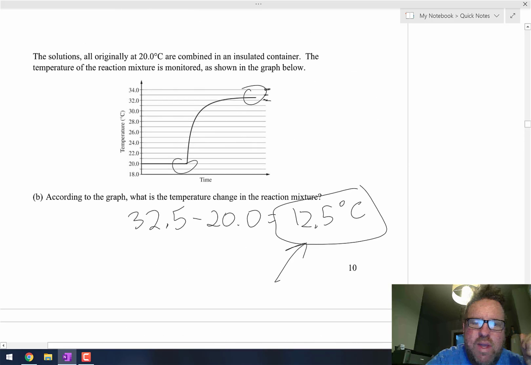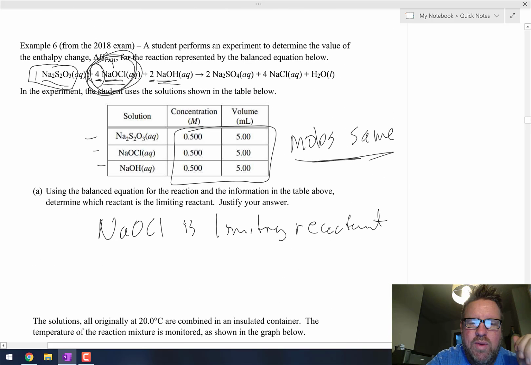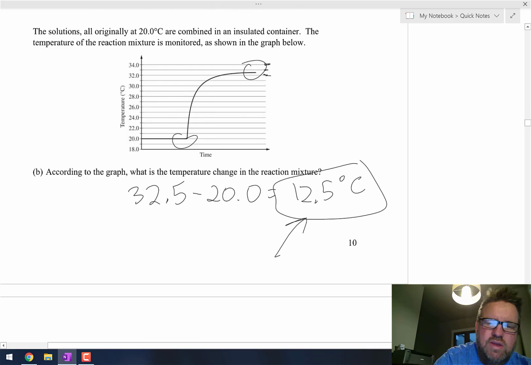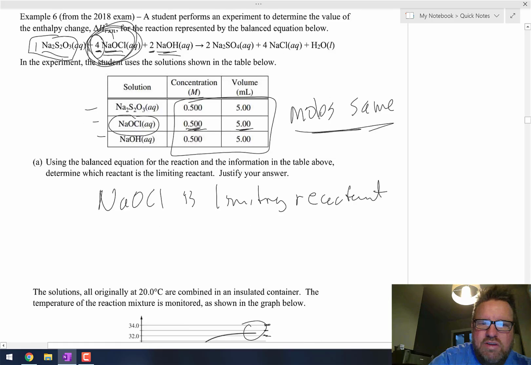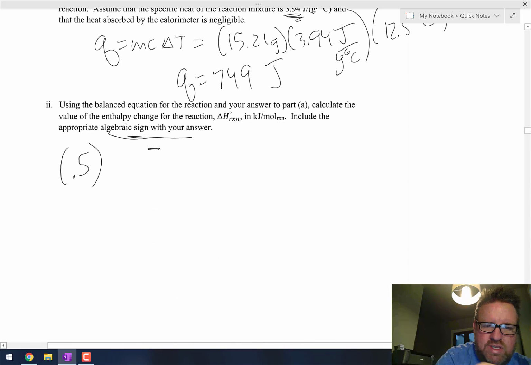Now we can come back up here and say, in the balanced equation, the limiting reactant was NaOCl. We have 0.5 molar and we have 5 milliliters of it, which is 0.005 liters.